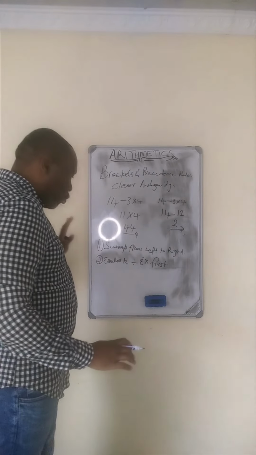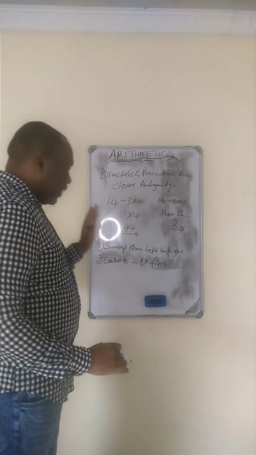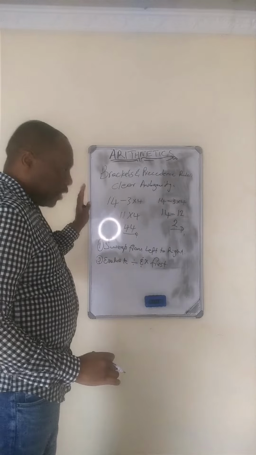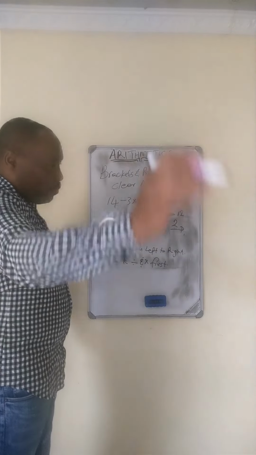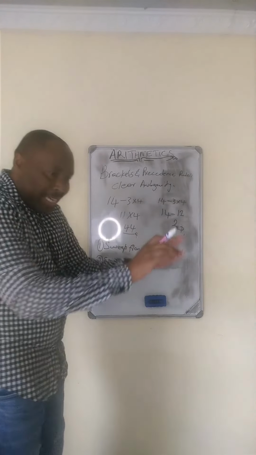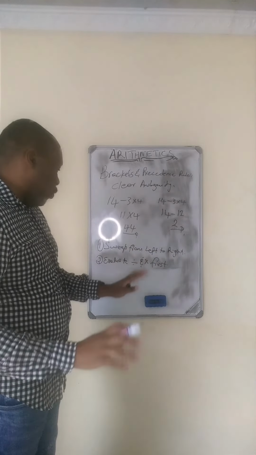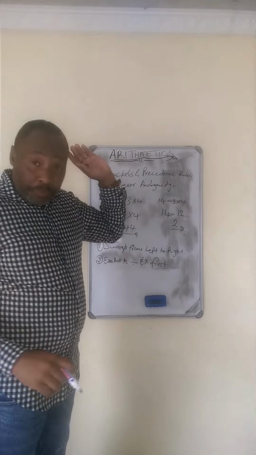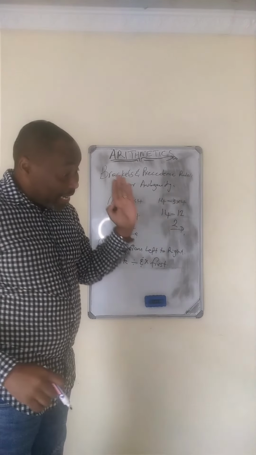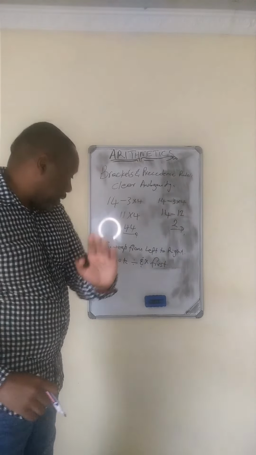Number 1, we sweep from left to right. So our direction is always from the left going to the right. We never start from the right and go back to the left, or start in between and mix. No. It's straight from the left and it goes straight through to the right.